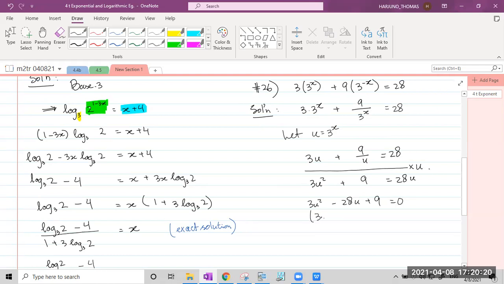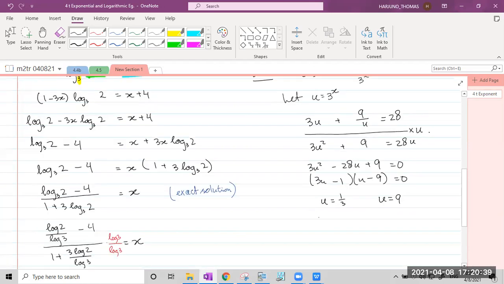Do factoring. So u equals 1/3, u equals 9. But our u is 3 to the x, and 1/3 is 3 to the negative 1.